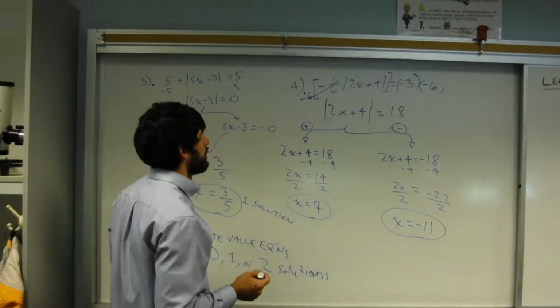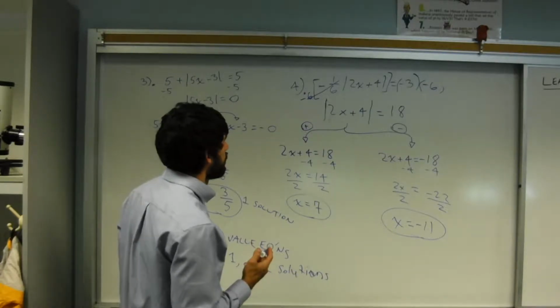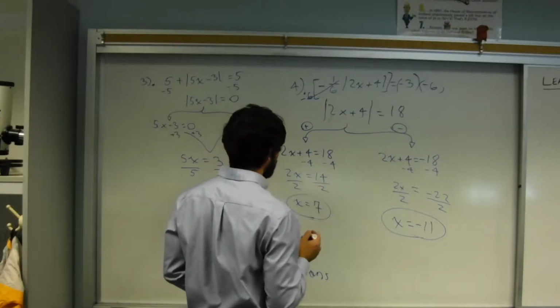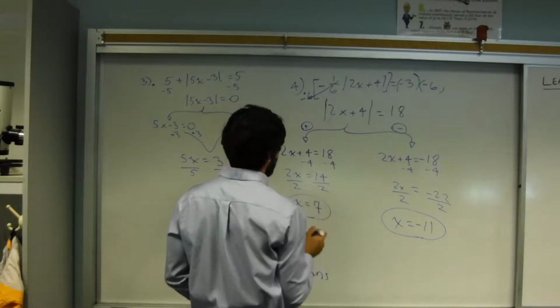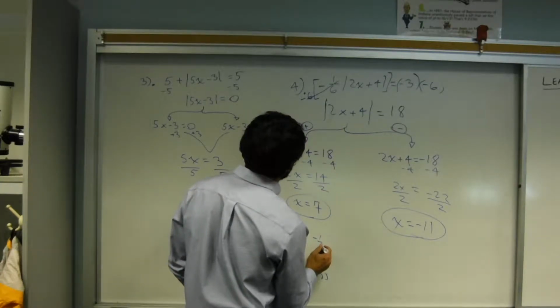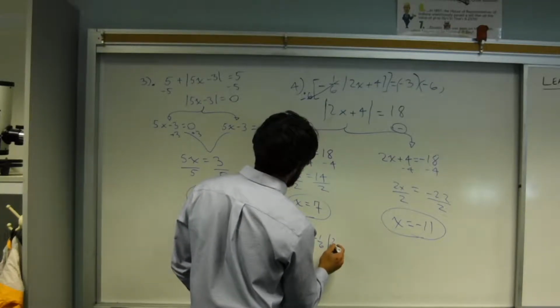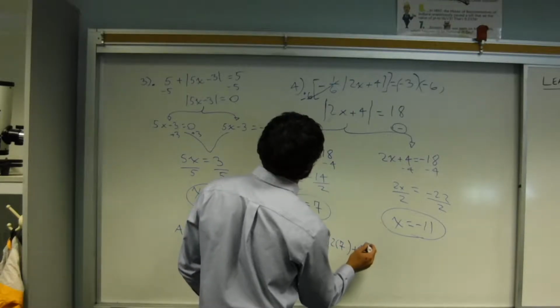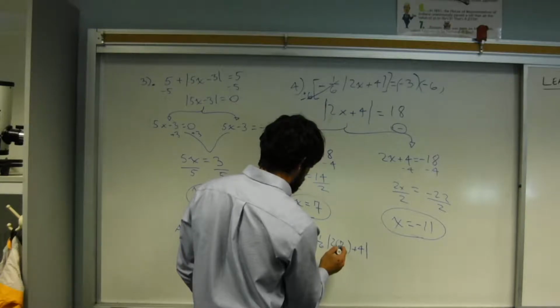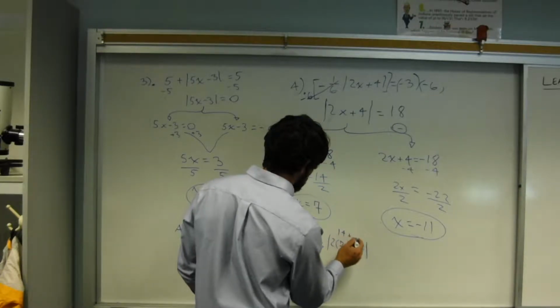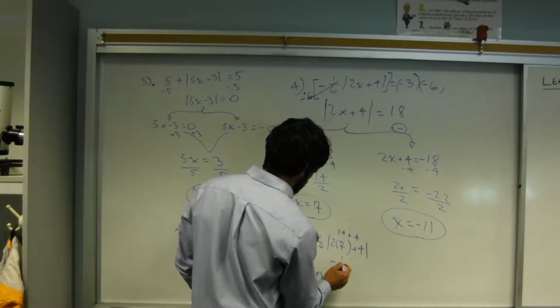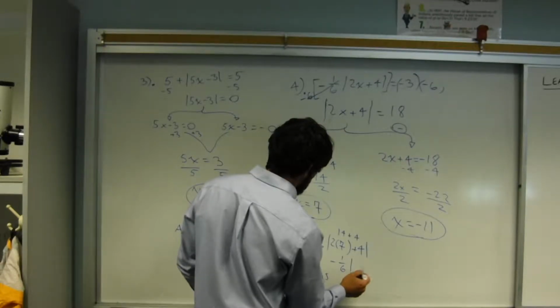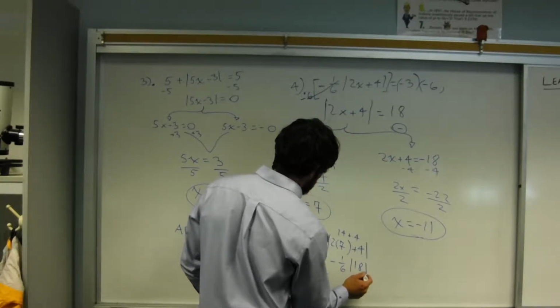So, if we wanted to check our work, we could plug it into the original equation. We would get negative 1/6 times the absolute value of 2 times 7 plus 4. This is going to be 14 plus 4. We have negative 1/6 times the absolute value of 18.